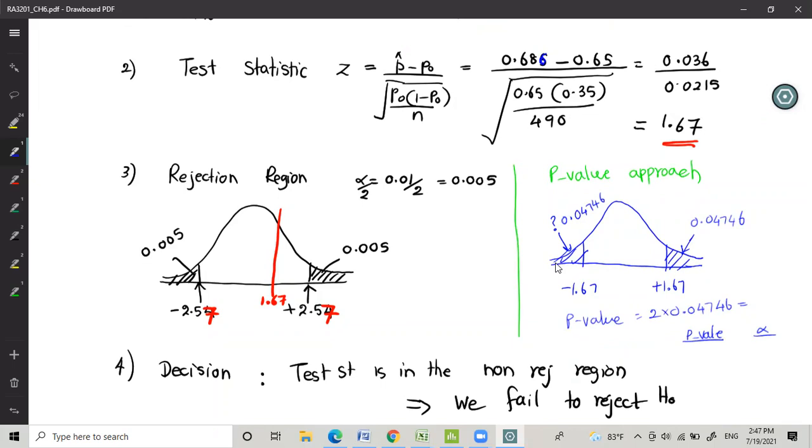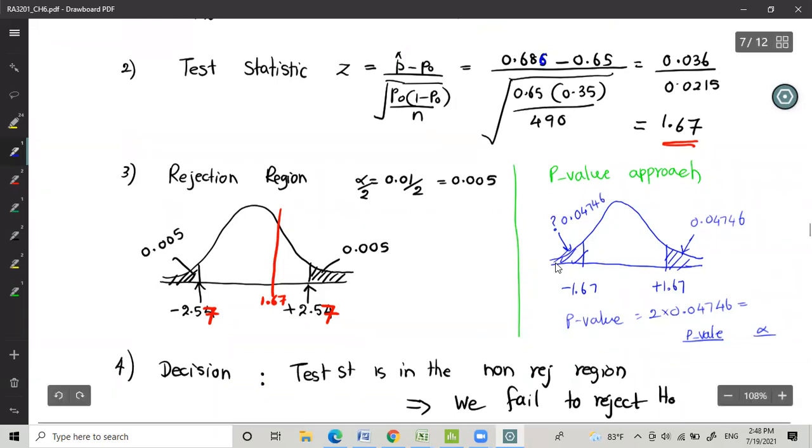Yes, the positive 1.67 is 0.95254. But what you want is the right tail, so you have to do 1 minus that, and you will get 0.04747. So if you multiply this by 2, what is your p-value?